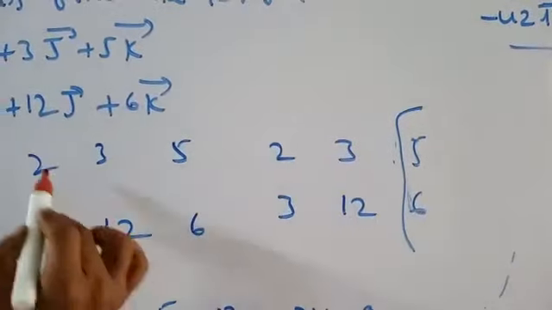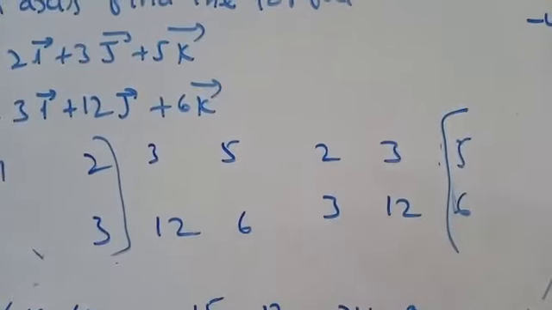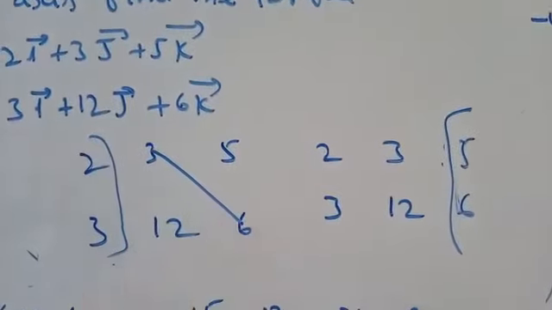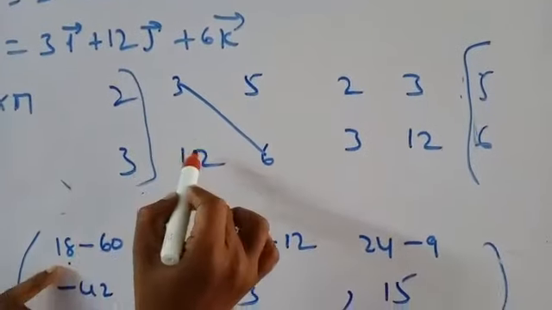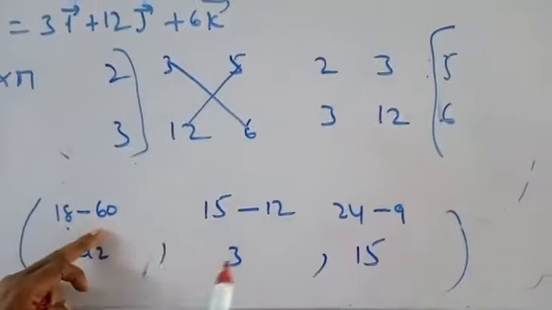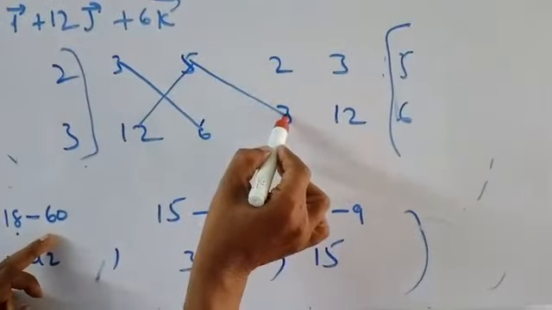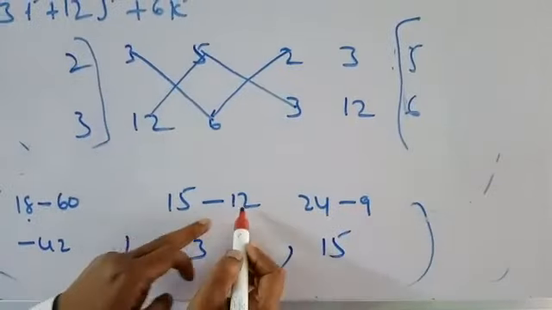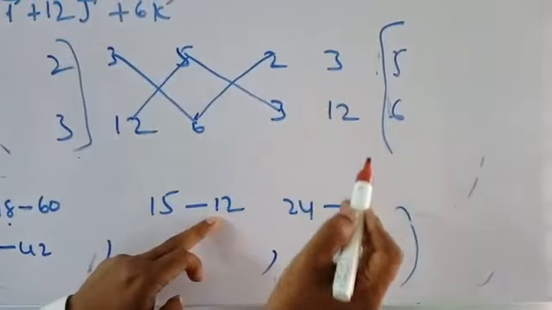Eliminate this column, and this column. So that is 3 into 6, 18, minus 12 into 5, 60. Next 5 into 3, 15, minus 2 into 6, minus 12.